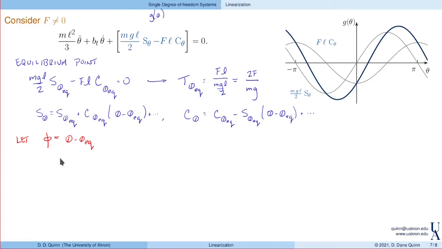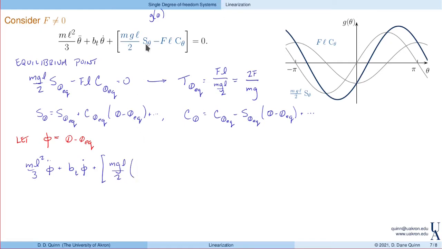As a result, the equation of motion is ml squared over 3. Now phi double dot, this is constant, so phi dot is theta dot, phi double dot is theta double dot, plus bt times phi dot. And now, plus all this other stuff. mgl over 2.